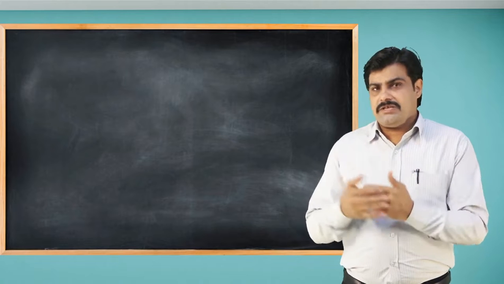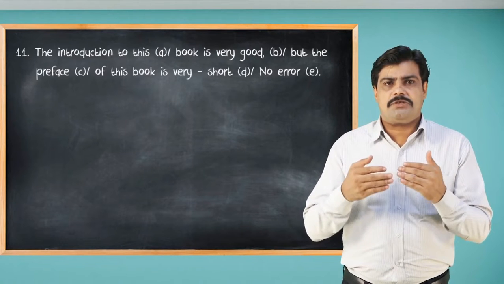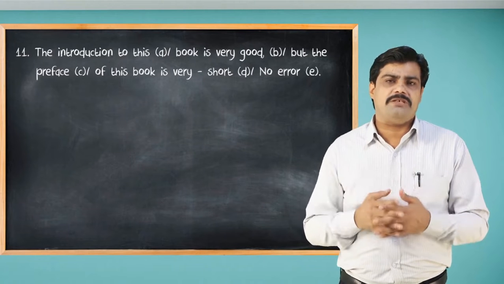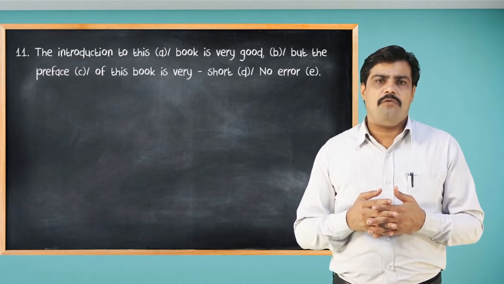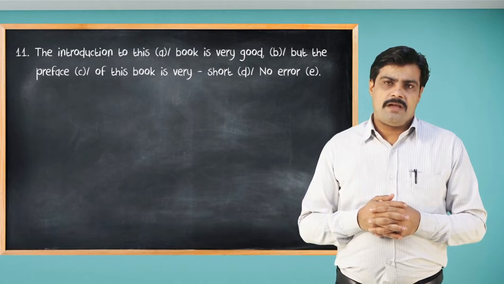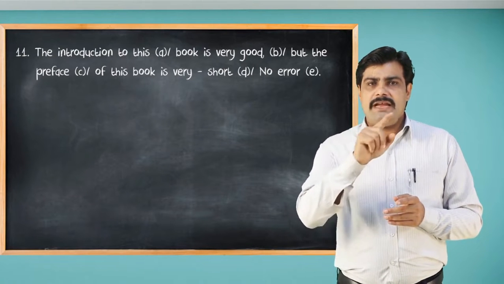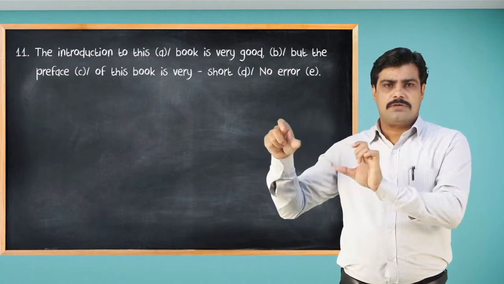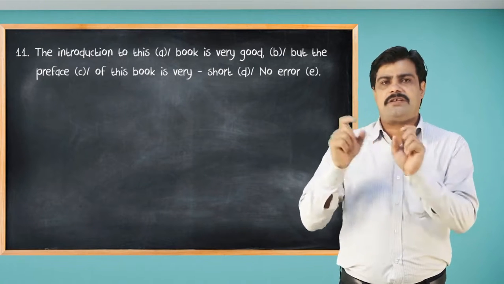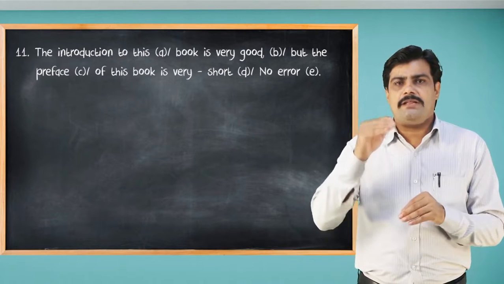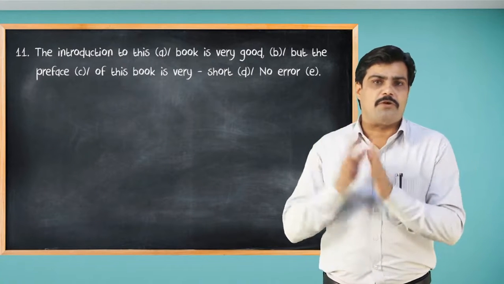Now let's take another sentence. The introduction to this book is very good, but the preface of this book is very short. If you analyze this sentence, you find that it is right to say "the introduction to this book". So the preposition "to" after "introduction" is right. Okay, but in the later part, when you say "the preface of this book", it is wrong.